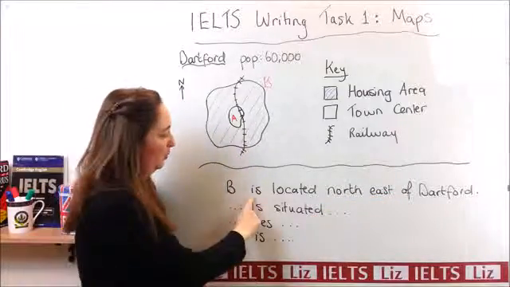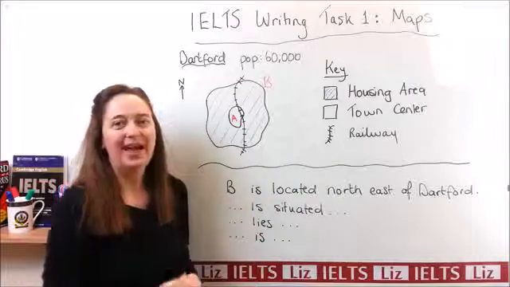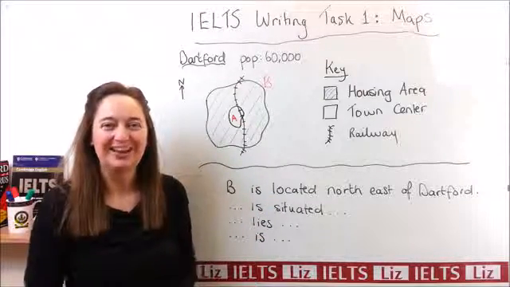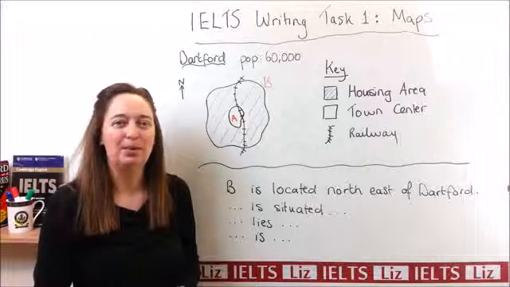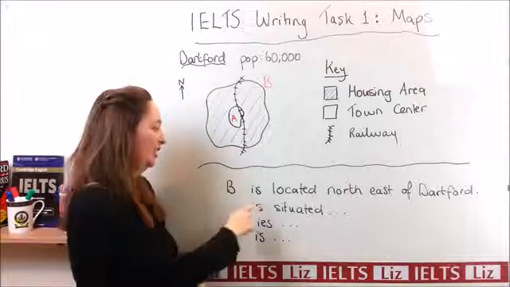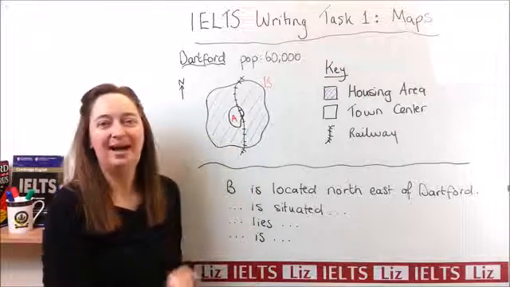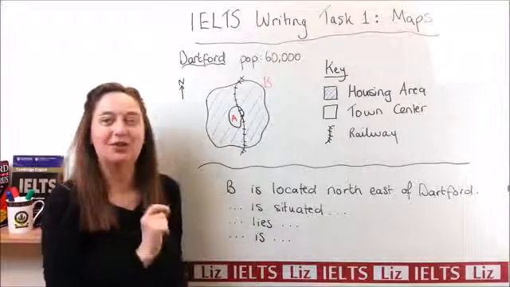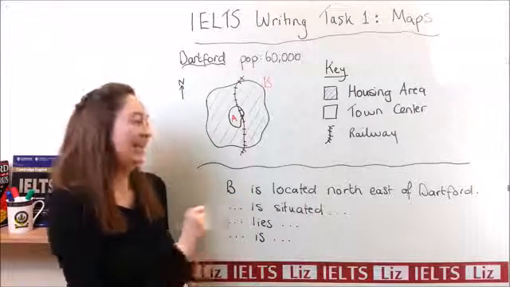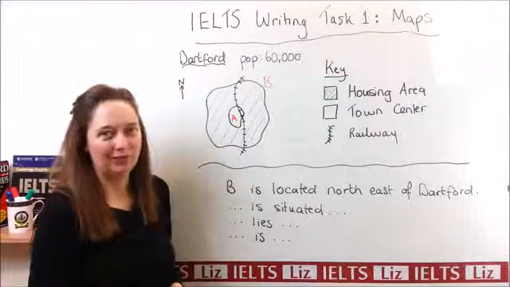So here you can see we've got "is located." And many students think that that is a past tense and they change it and they put "be locates." Please don't do that. This is not a past tense, it's a passive voice. So that is actually in the present. So B is located northeast of Dartford.